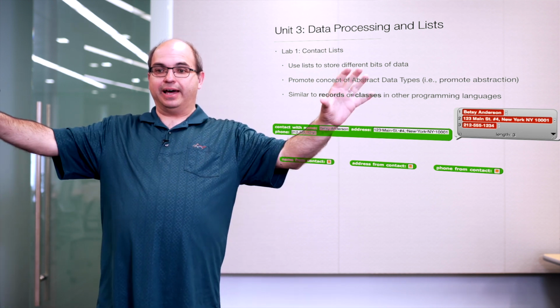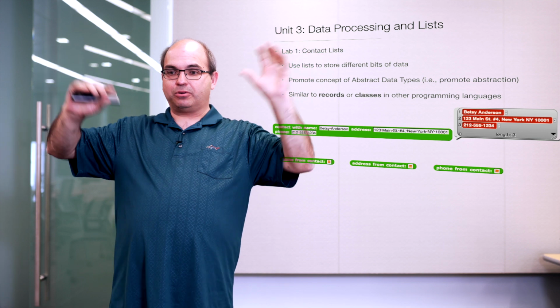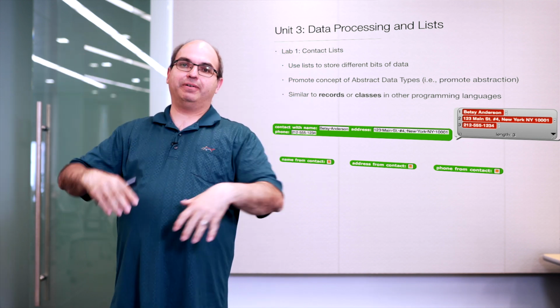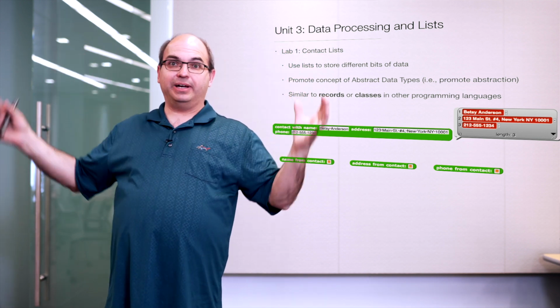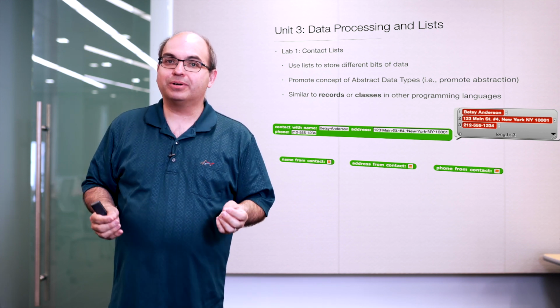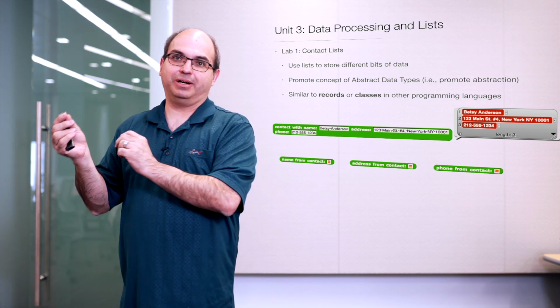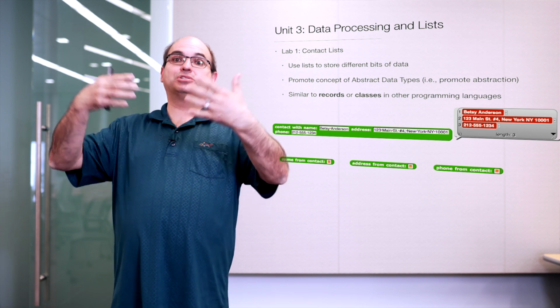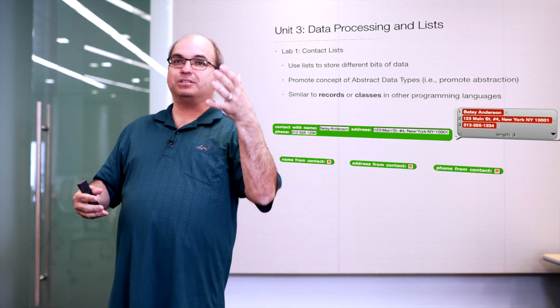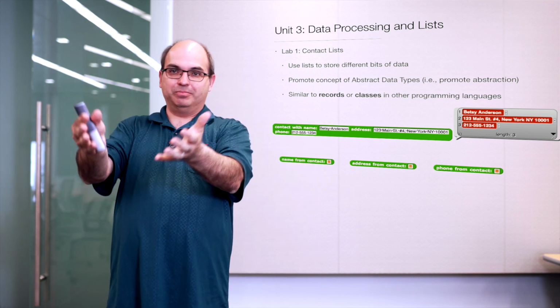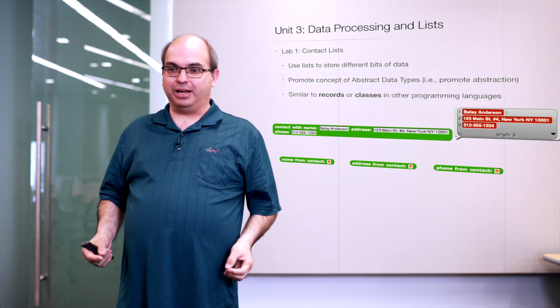So right here you see that first big thing that says contact with name, and you give it a name, you give it a phone number, you give it an address, and it creates the record. The name for that is a constructor. It constructs the record. So in Java, you will have a constructor function. In C++, you have the constructor for every class. Here it is, right? That's part of the abstract data type.